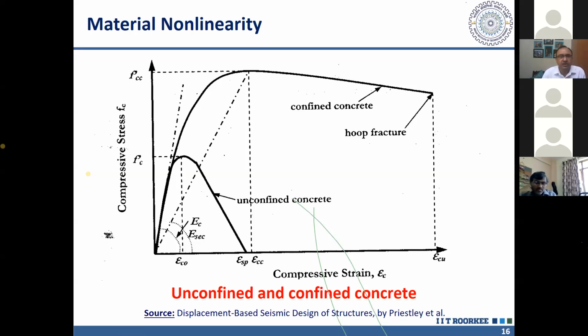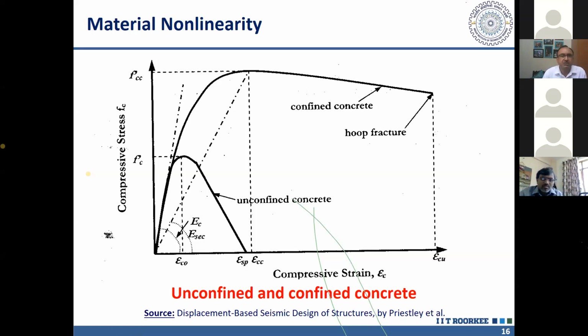If you calculate the ductility, this peak is not yield. Yield occurs somewhere before that. So roughly we can take the notional yield strain in the case of concrete as 0.0015. If I take the ultimate strain as 0.004, I get something like 2.5. That is the ductility ratio in the case of concrete.